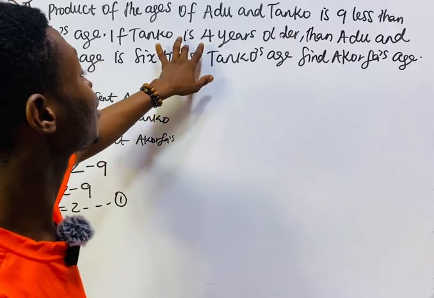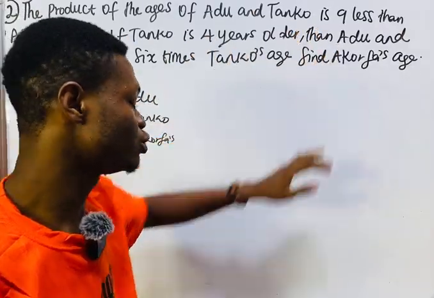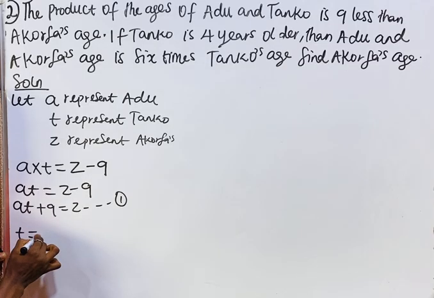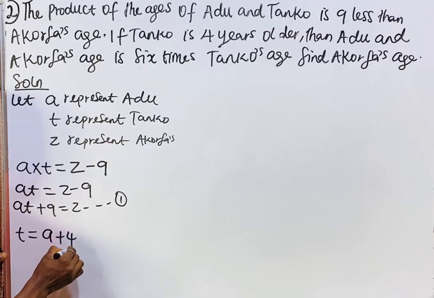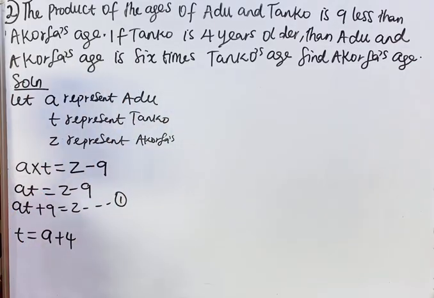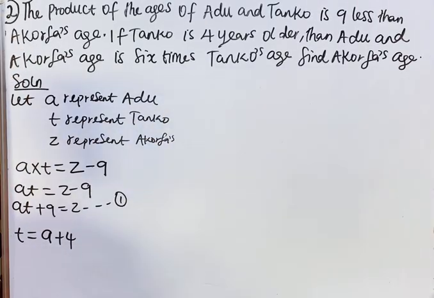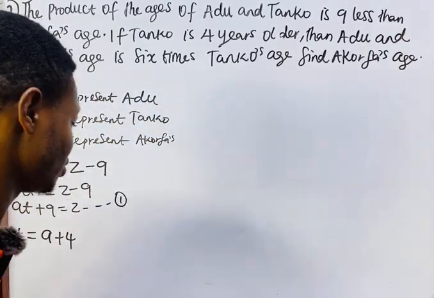Now they said if Tanko is 4 years older than Adu. Tanko is 4 years older than Adu, so that means Adu plus 4. If somebody is 4 years older than another person, it means plus 4. If it's less than, it means minus, right?